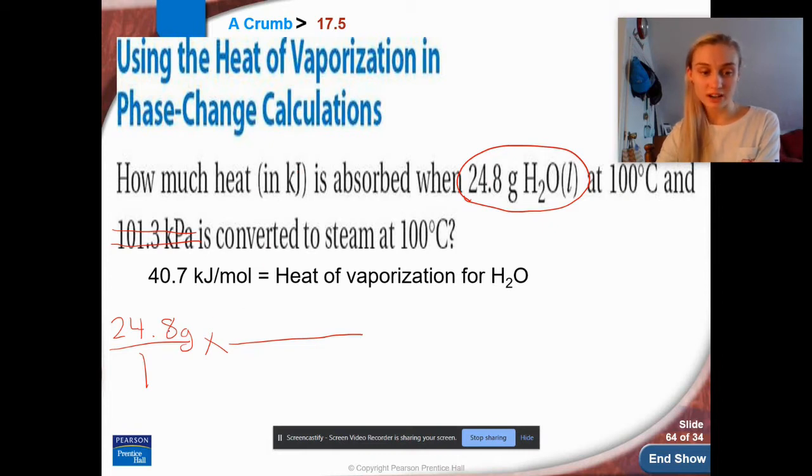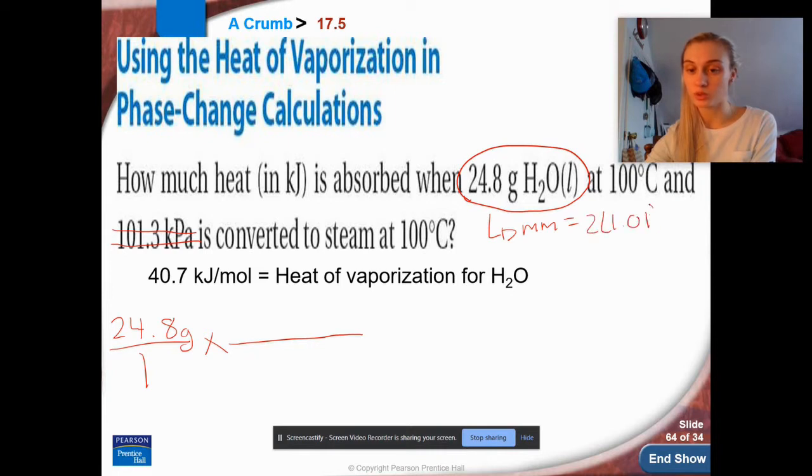But we're not there yet because we're in grams and we need moles. What's an easy way we can go from grams to moles? That's the molar mass. If we calculate the molar mass of water, we do 2 times 1.01, which is the mass of hydrogen, plus 16.